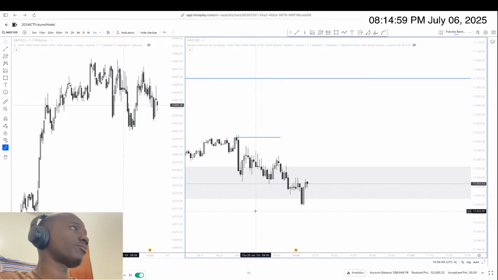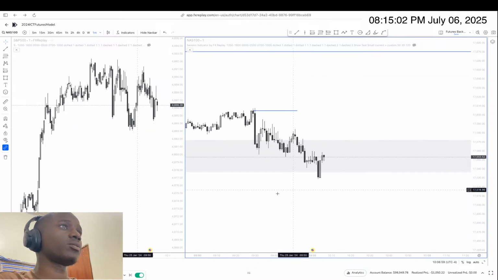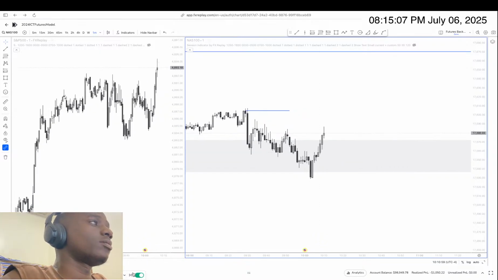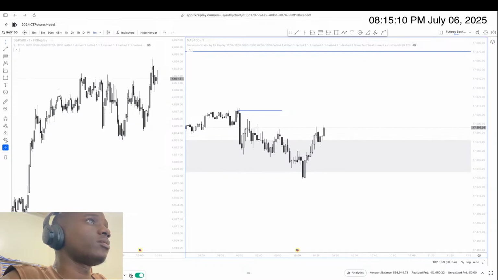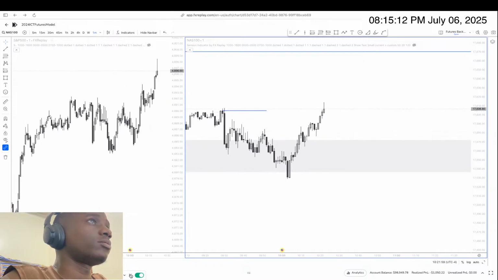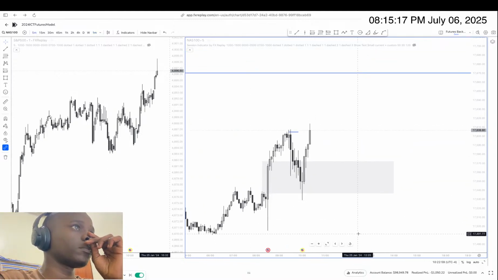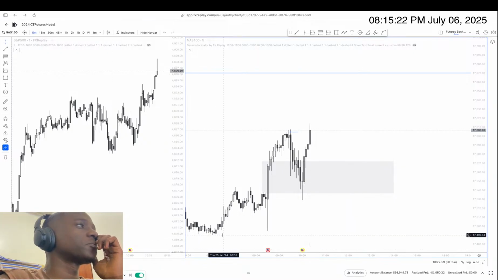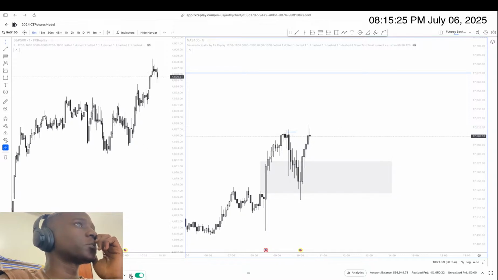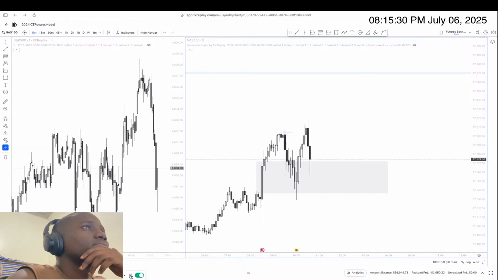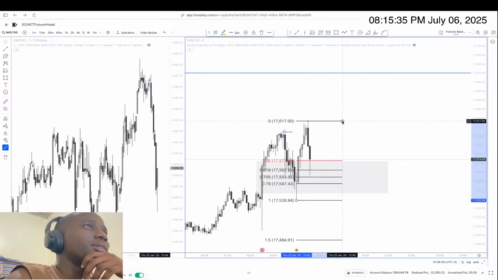Yeah, we don't have any kind of SMT, so let's just be observing price. So you come back to equilibrium or price move.